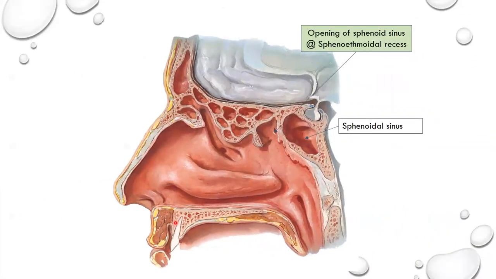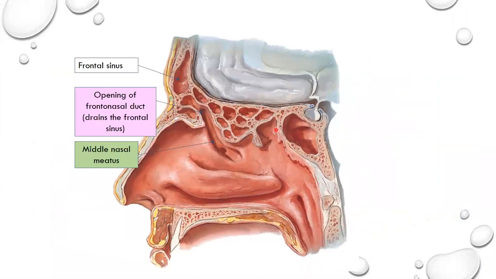All right, now we go to the opening of the sphenoid sinus. The sphenoid sinus opens into the sphenoethmoidal recess, the recess between the ethmoid bone and the sphenoid. An opening is there. For the frontal sinus, it opens into the middle nasal meatus, as I mentioned before, through the frontonasal duct.